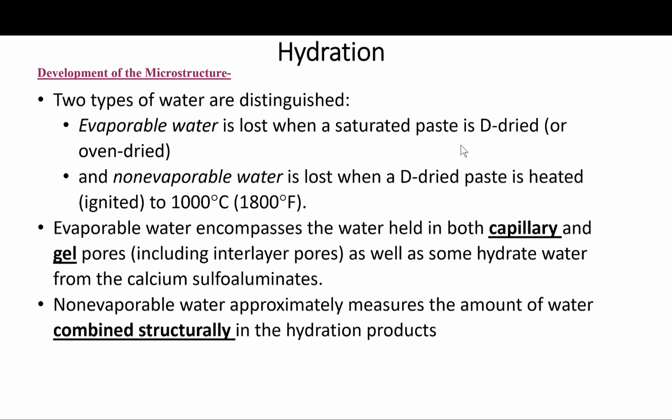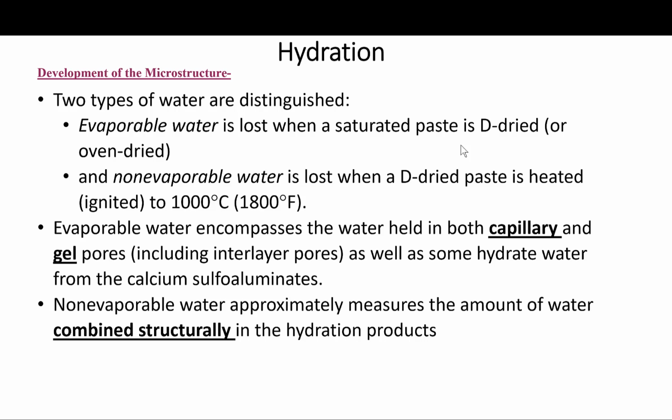And the non-evaporable water is lost only when a dried paste is heated or ignited to 1000 degrees Celsius. The evaporable water encompasses the water held in both capillary and gel pores, including the interlayer pores, as well as some hydrate water from the calcium sulfoaluminates.